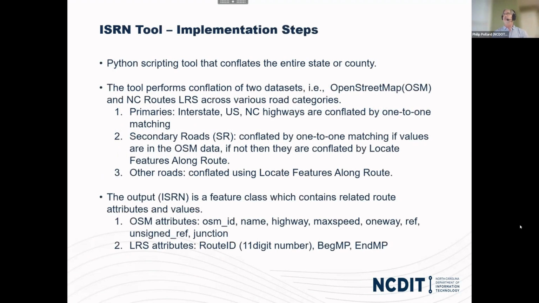So in the ISRN implementation steps, the Python scripting tool that conflates the entire state or county. The tool performs conflation of two data sets, OpenStreetMap and NC routes, LRS across various road categories. The primaries in the beginning we used in Pro locate features along route. And over time, we realized that we could do one-to-one matching.